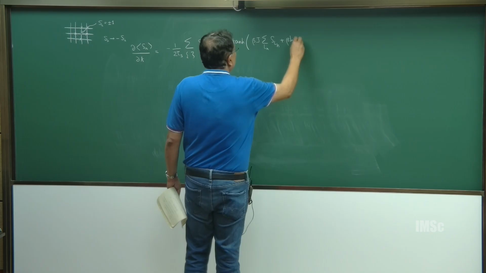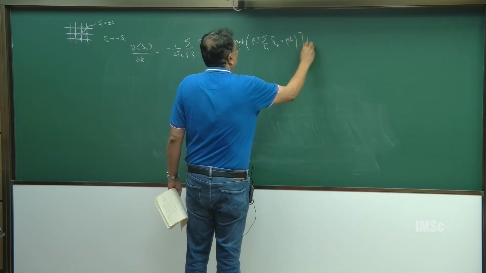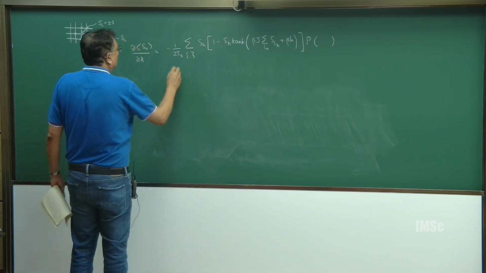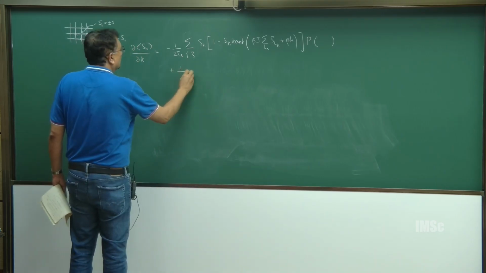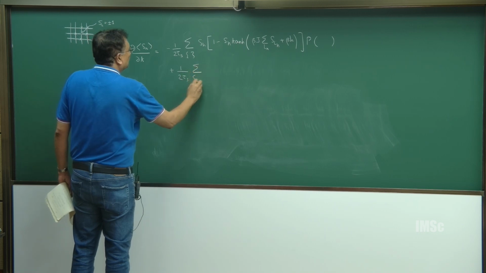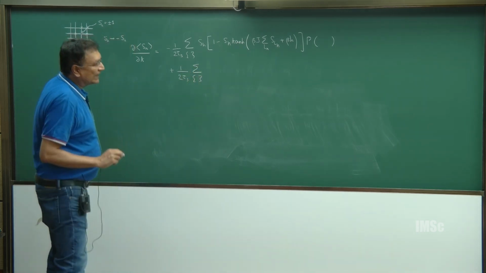That's the first term multiplied by the probability distribution, and the second term is now plus 1 over 2 tau s sum over all factors.